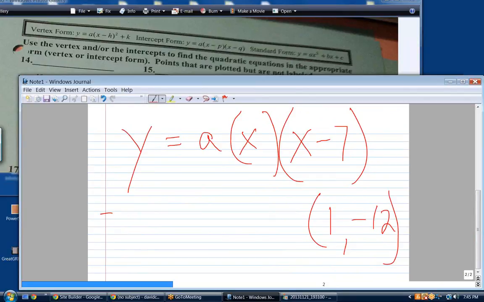Okay, so I got minus 12 equals A times 1 minus 7, which is minus 6. So you just plug that 1 into wherever there's an x?